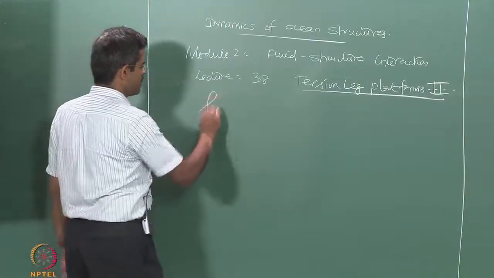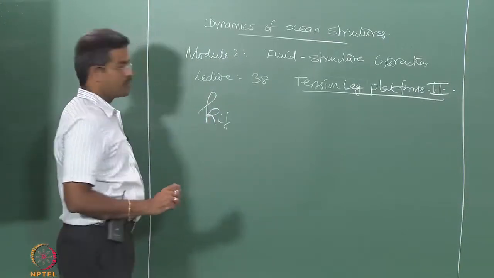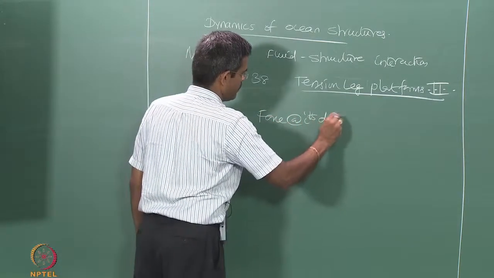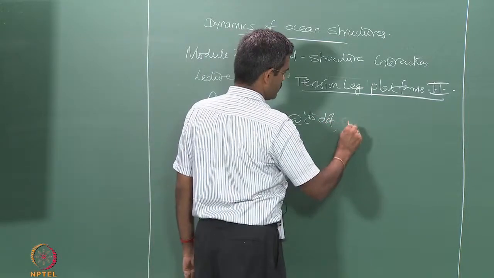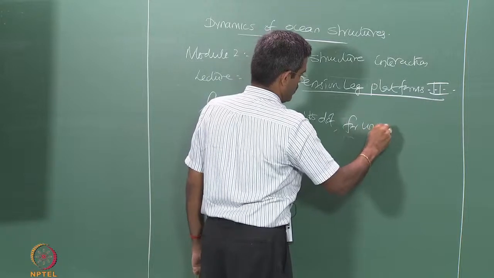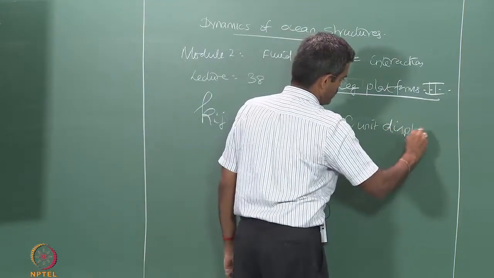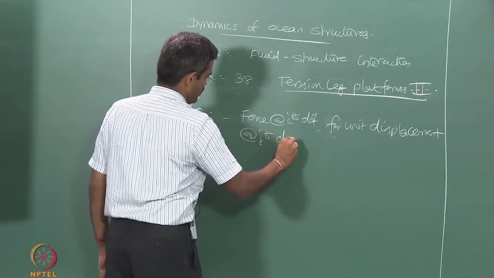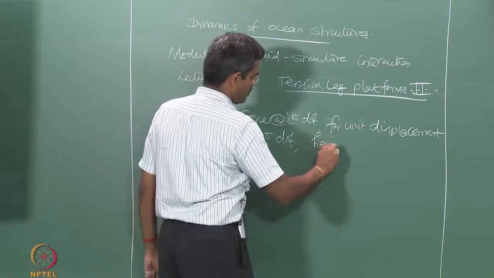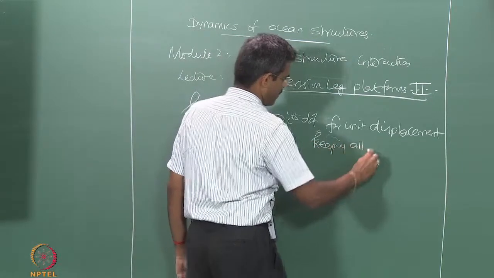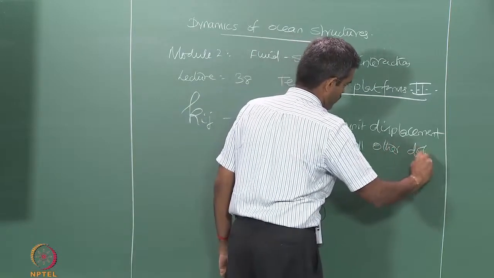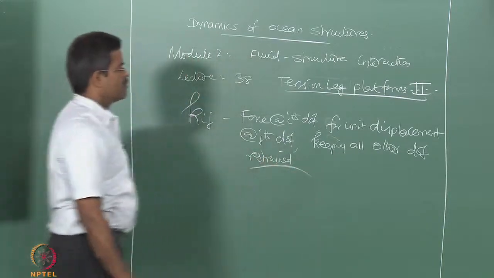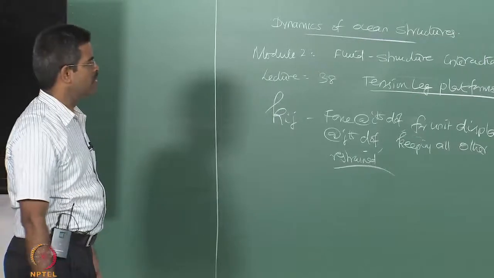We already stated that K_ij, the element member of a stiffness matrix, is nothing but the force at the ith degree of freedom for unit displacement at the jth degree of freedom, keeping all other degrees of freedom restrained. So, we picked up a beam element and showed you how one can derive the first column of this.